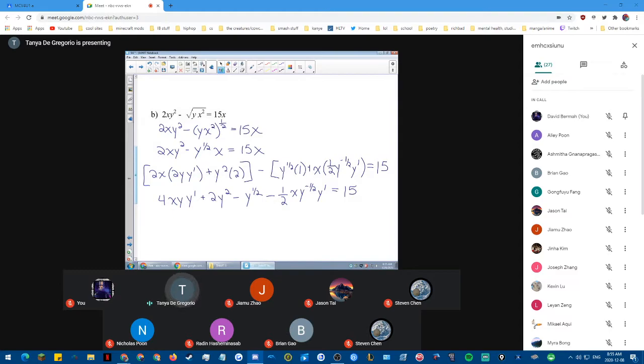And now I need to solve for y prime. So look for the terms that have y prime in them. This one and this one. And that's what's going to stay on the left. Everything else moves to the right.